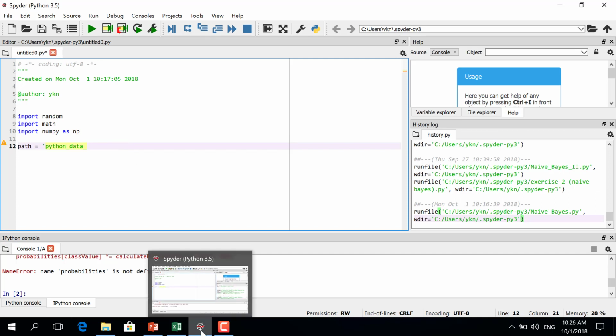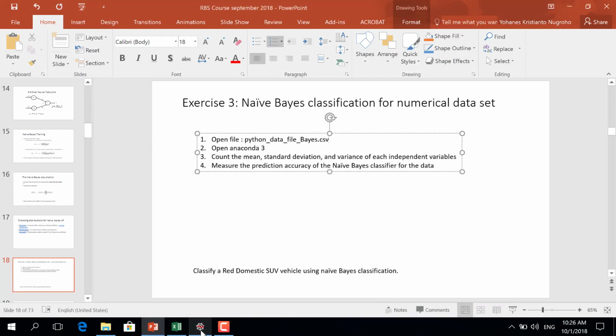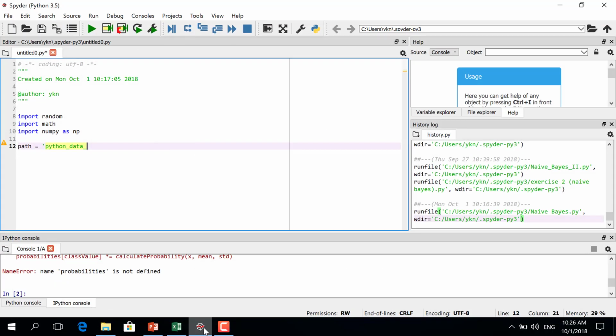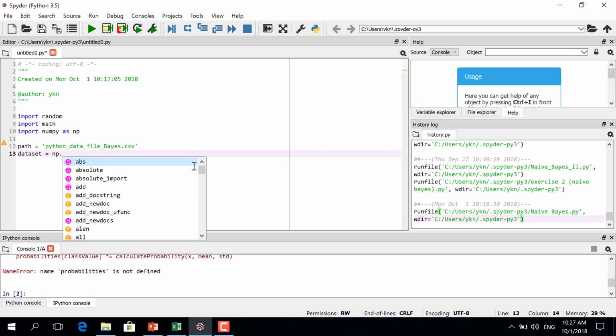Sorry, what is the problem? Python data file, Bayes data file Bayes.csv, and the data set here is equal to numpy.genfromtxt.